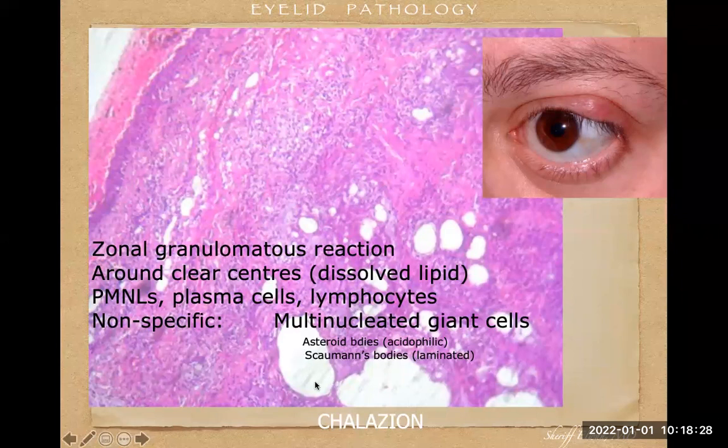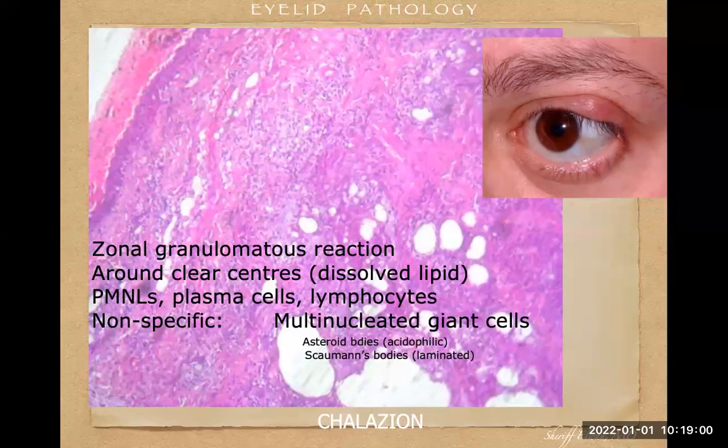There are clear centers with lipid that is dissolved, infiltration by polymorphonuclear leukocytes, plasma cells, lymphocytes, and it is a non-specific type, and there is a multi-nucleated giant cell preponderance with other findings like asteroid bodies and Schaumann's bodies.